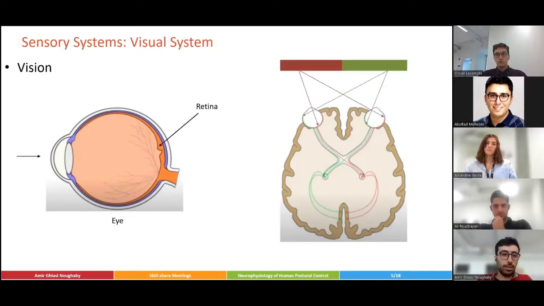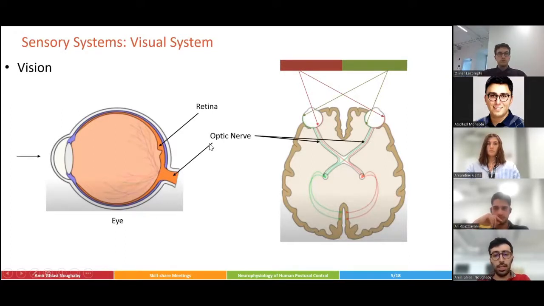When light hits the eye, it is received by the very back layer of cells of the eye called the retina. You can see here as the light is coming into the eye, it's received by the retina, that is the back cells of the eye.